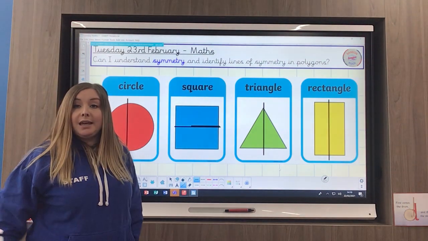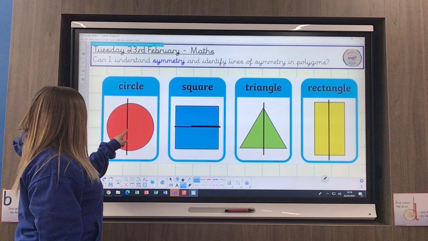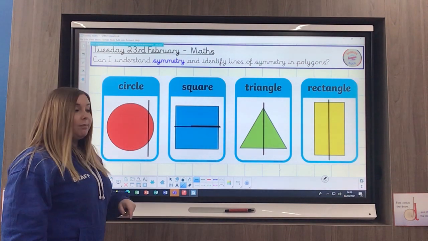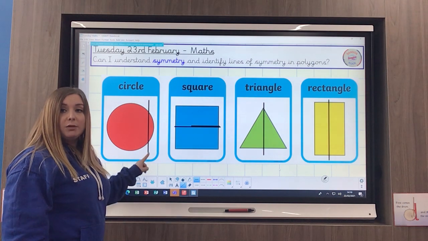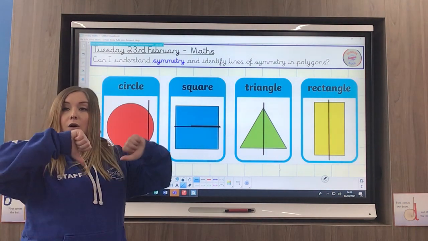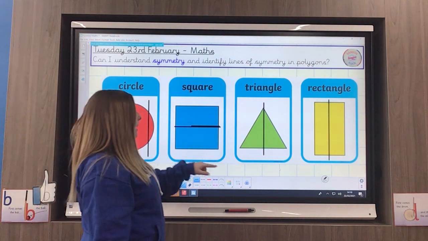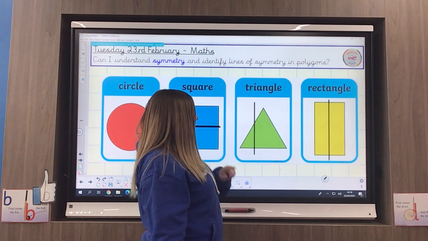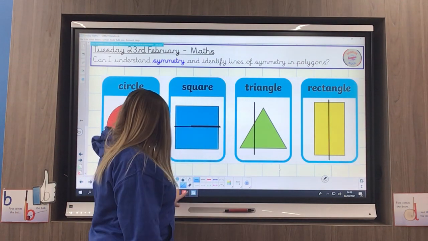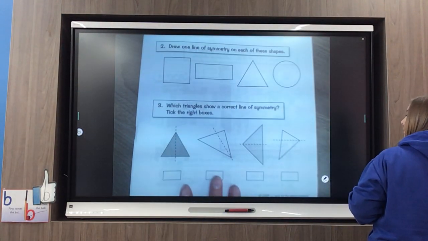And then your final question is thinking about if those lines are perfect, if they are symmetrical. So if my line of symmetry was here, is that symmetrical? Yes or no? No, it's not, is it? What about if this line was here? Is that symmetrical? No. So you've got to then look at these shapes at the bottom.